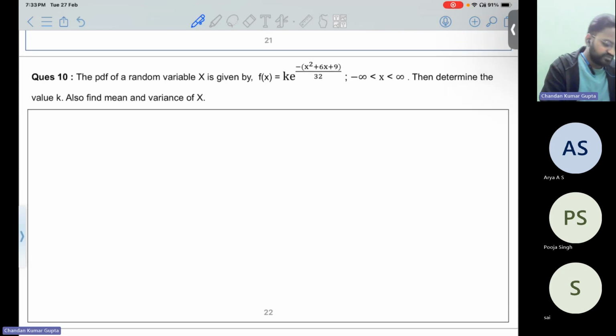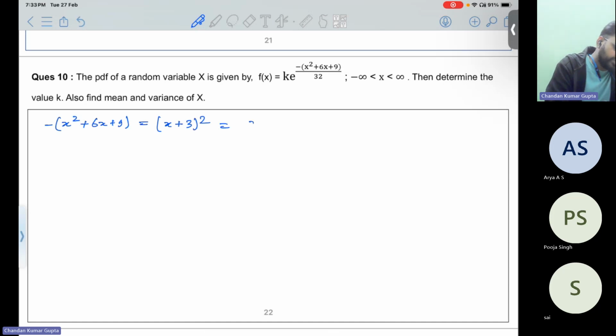Okay, so like what? We are given like this. Okay, so here minus of (x square plus 6x plus 9) can be written as how? It is actually (x plus 3) whole square, which is equal to a square plus b square plus 2ab.